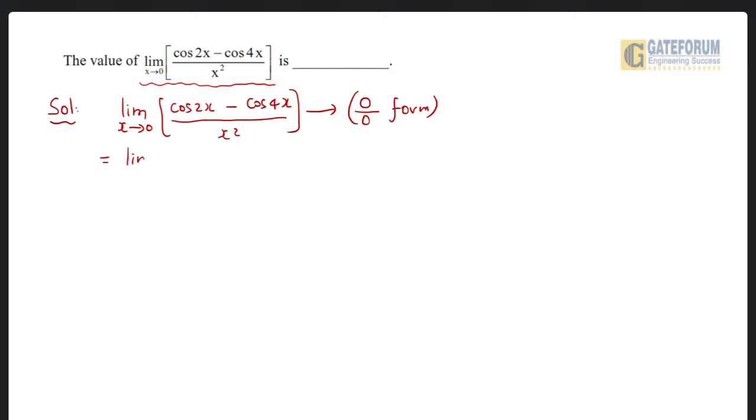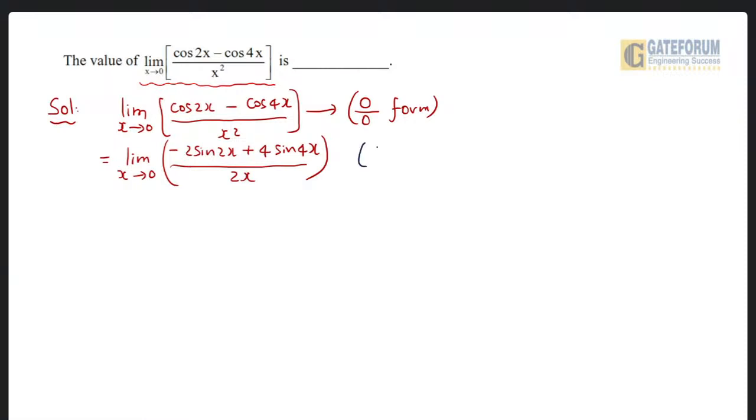Limit x tends to 0. Numerator: cos 2x derivative is minus 2 sin 2x, cos 4x derivative is minus 4 sin 4x. So this simplifies to plus 4 sin 4x. Denominator: x square derivative with respect to x is 2x.